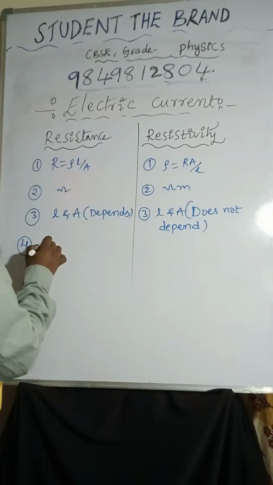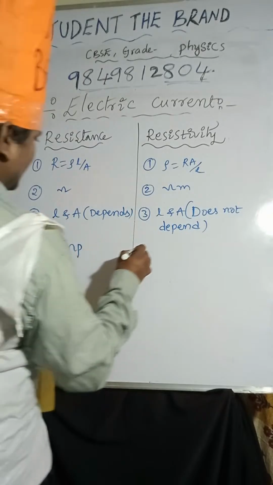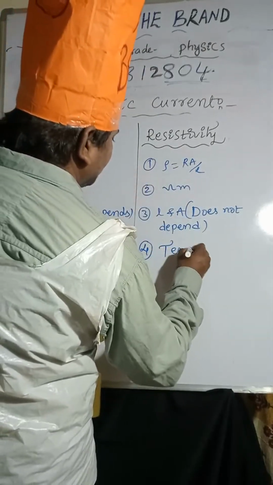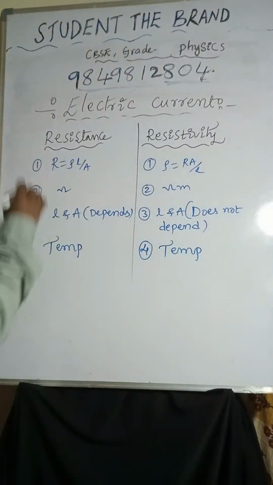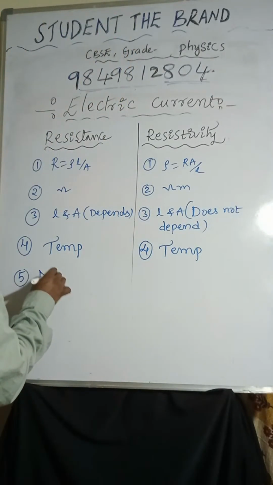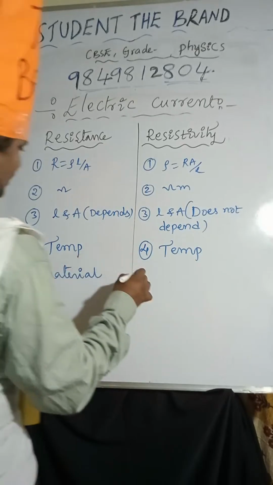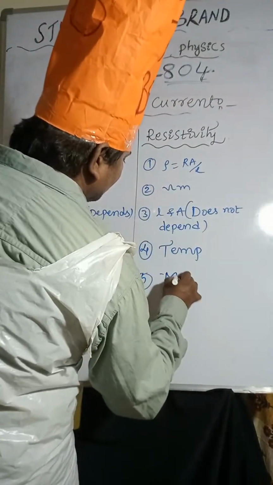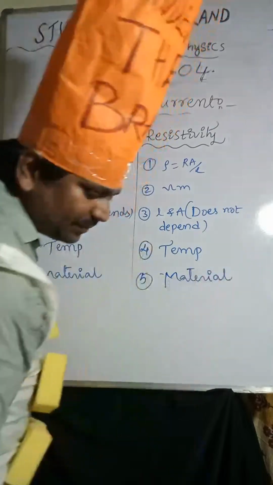Resistance depends on temperature, and resistivity also depends on temperature. Fifth, resistance depends on material of the conductor. Resistivity depends on material of the conductor also.